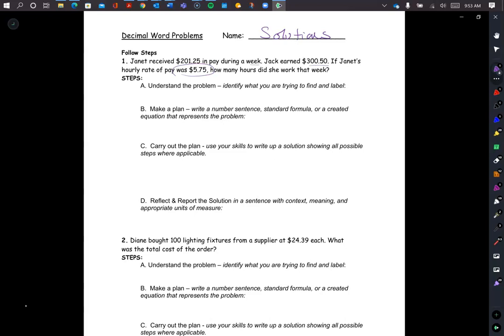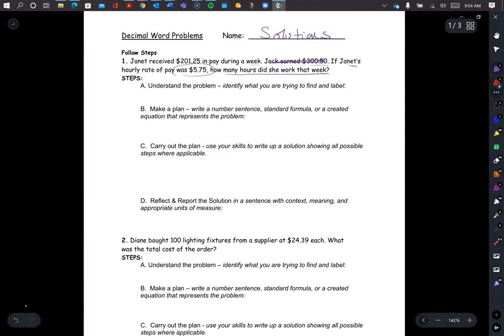So you have to think, what's going on in the problem? What are we trying to find? What we're trying to find is how many hours did she work that week? And we are given info about Janet. So we're looking at Janet's information. Jack's stuff right here is a distractor, so we can get rid of that.